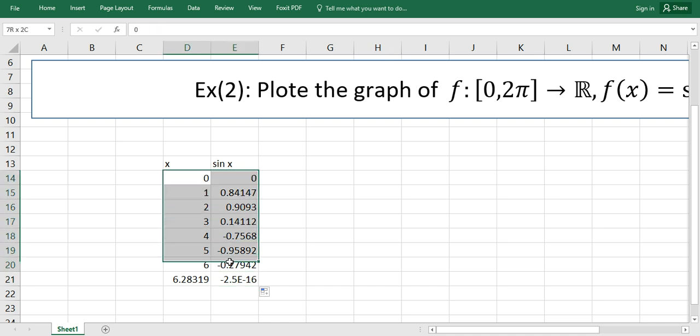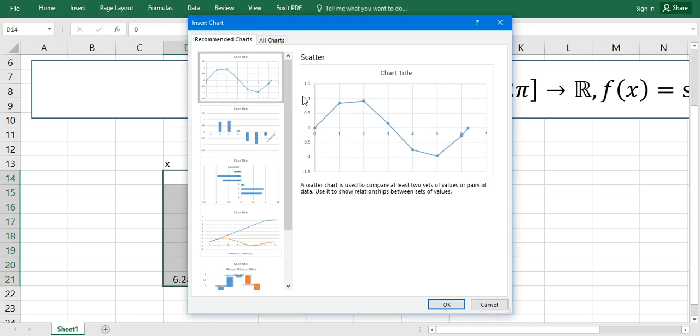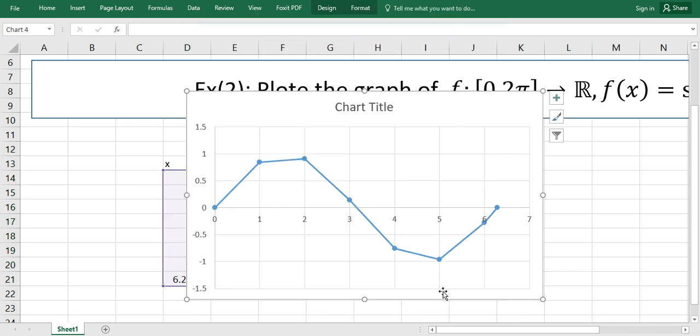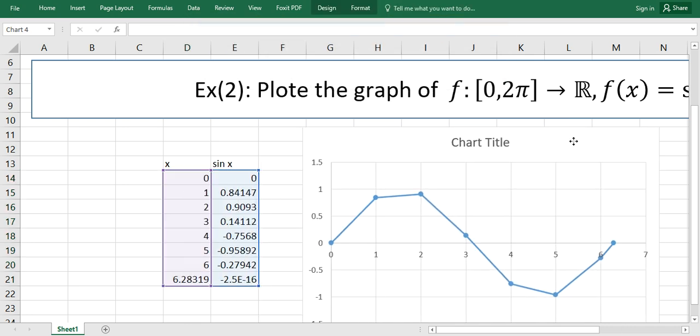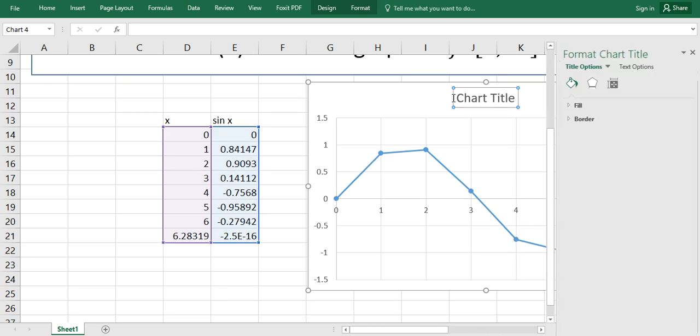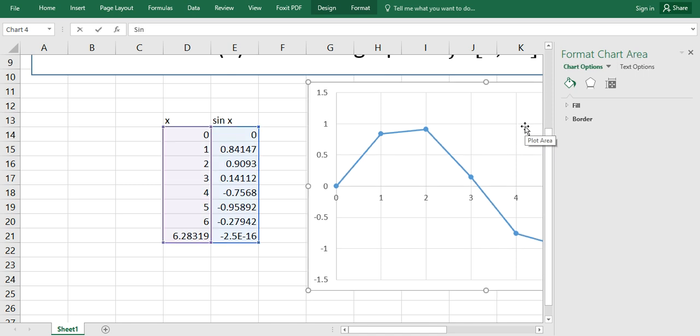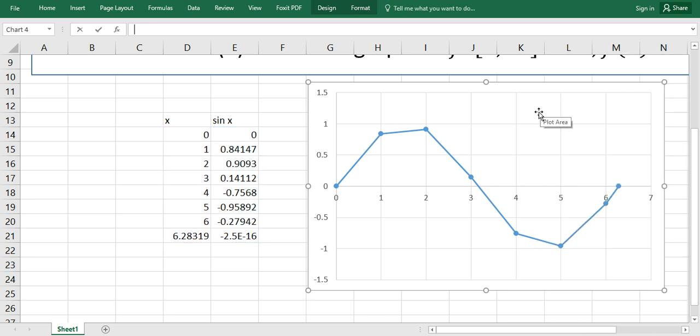Now I want to plot the graph of this. Here I can go to Insert and then Recommended Charts. It will show you the approximate sine curve. Say OK, and it will give you the graph of the curve. You can give the title here: sine x.